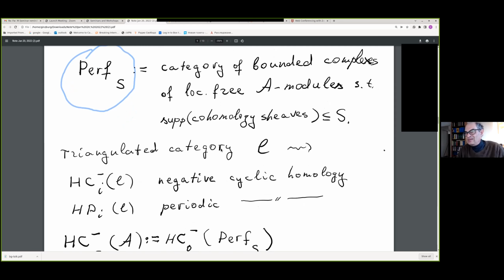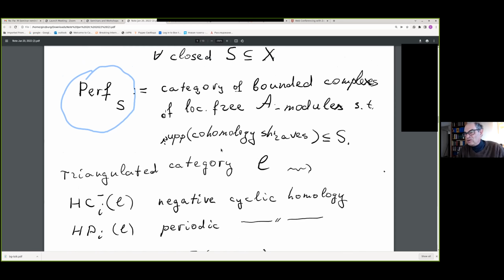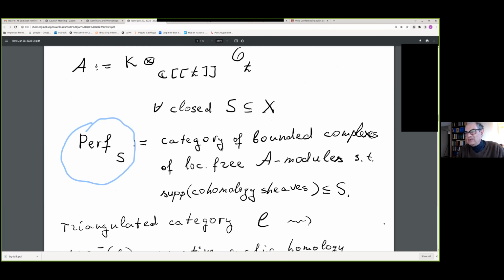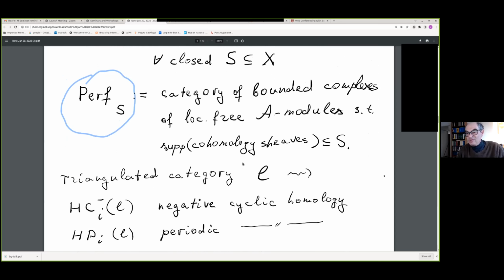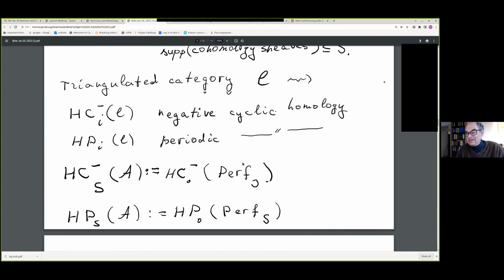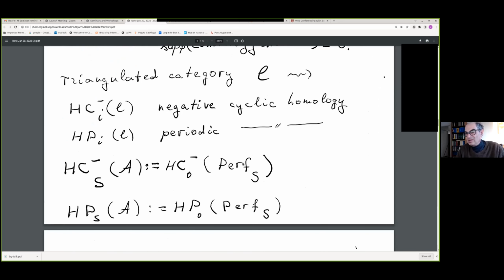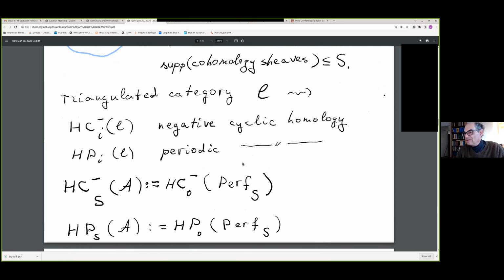And then they are associated to modules over my quantized algebra A, supported on my closed subset S. I cannot really say anything more rigorous, but if you have some questions to get a better feeling of what this is about, please ask me. It's a good point to ask.